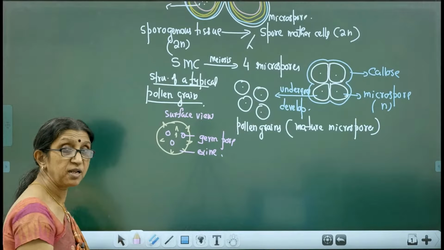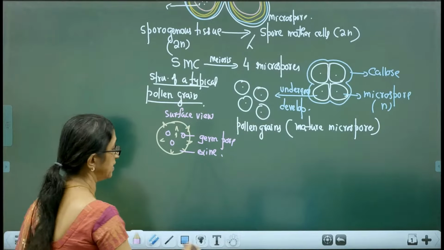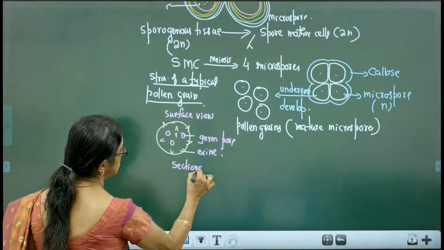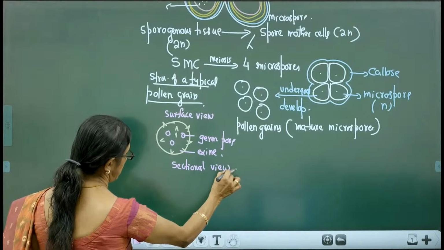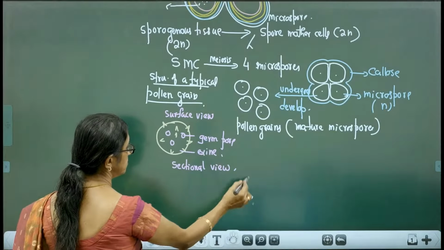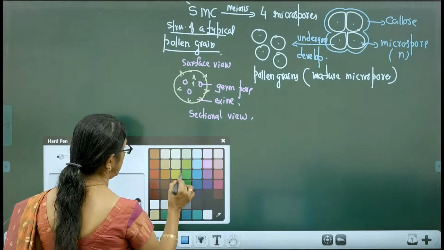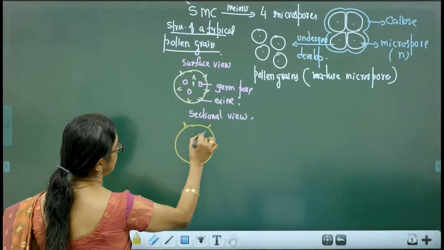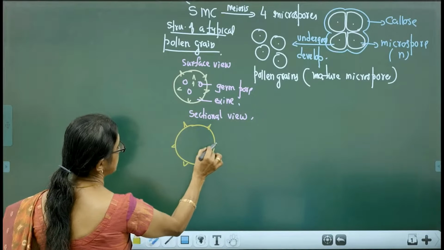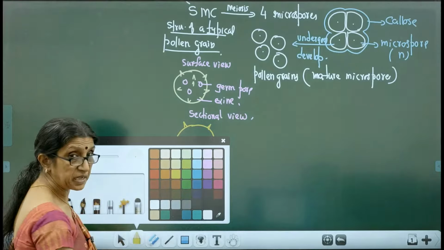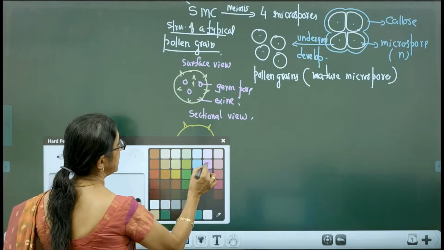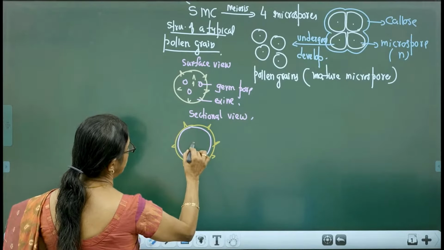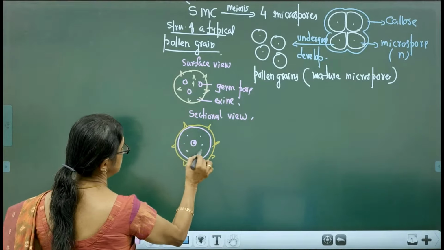Whereas the sectional view shows its contents in a detailed manner. This is the exine with the sculpturing pattern, and inner to this we can see the intine, with its nucleus and contents.